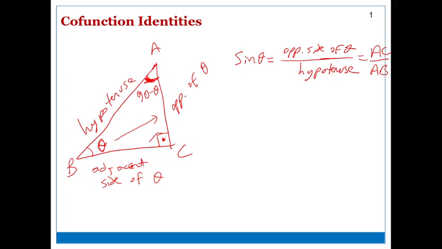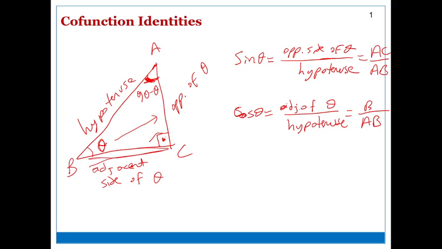Now let's write cosine theta, which is equal to the adjacent side of theta divided by the hypotenuse. The hypotenuse is AB, and the adjacent of theta is BC.